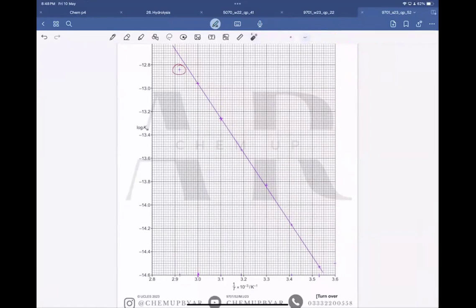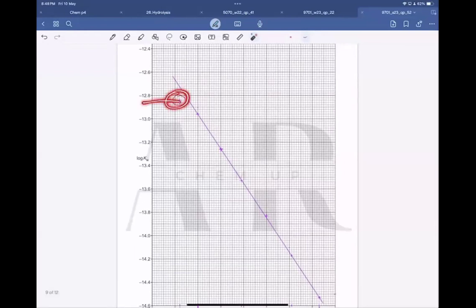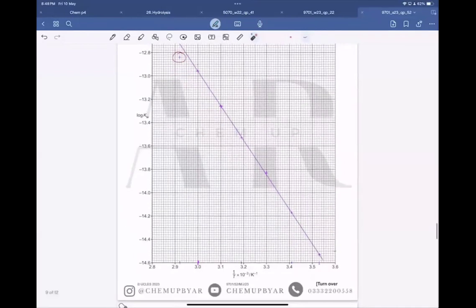So if there is no error in Kw, this value on the x-axis is correct, but on the y-axis it is going to be over here. So if it is over here, the actual 1 over T must be high. It's a reciprocal of a temperature. If the reciprocal of the temperature is high, then it is calculated at a lower temperature.